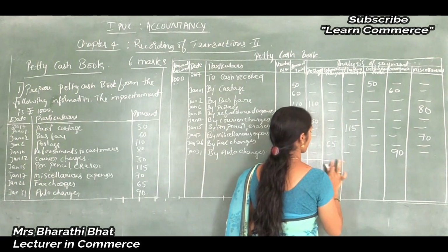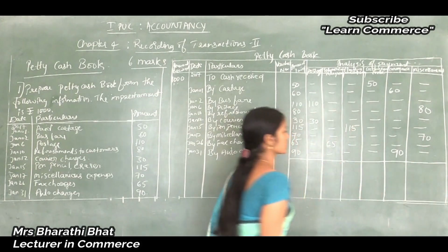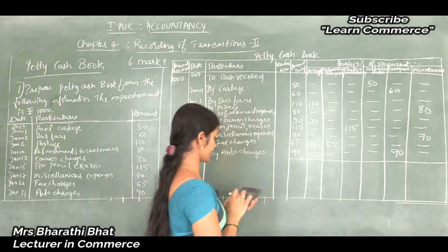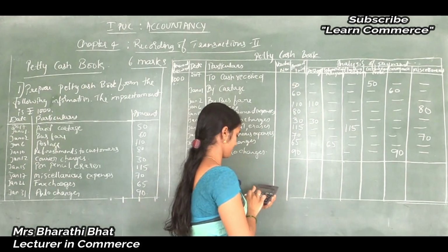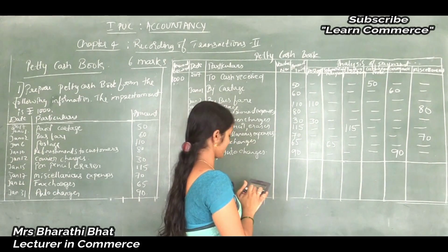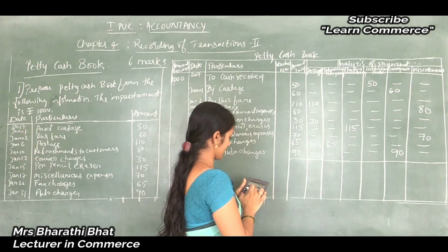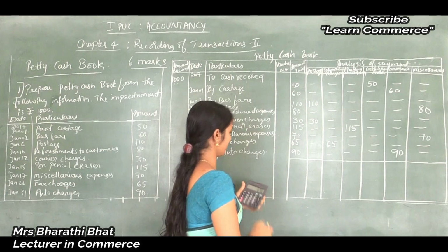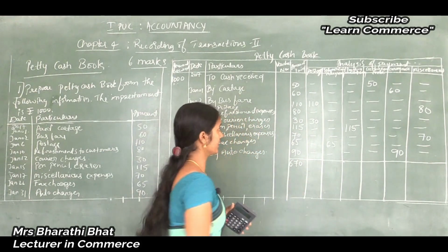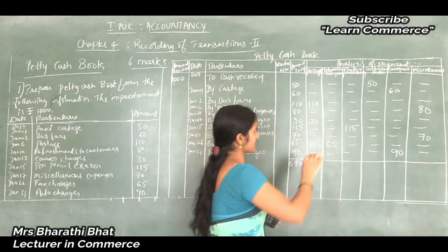And the next step, totaling. First 50, 60, 110, 80, 30, 115, 70, 65 and 90. Total 670. And this total must equal this total. Let's see.